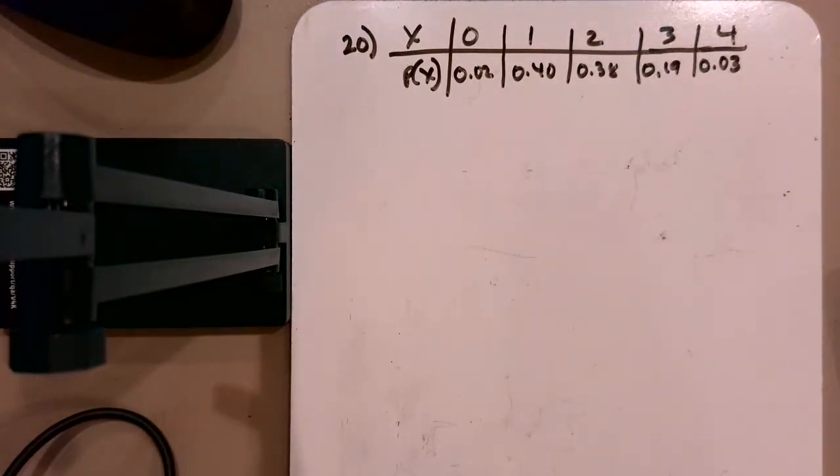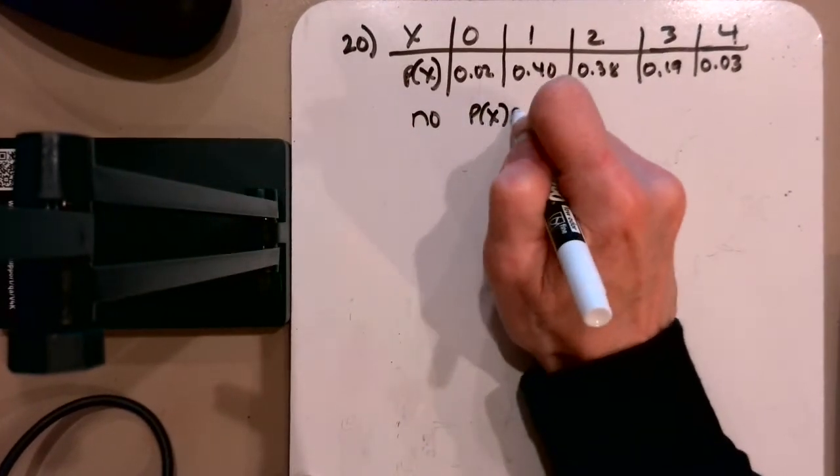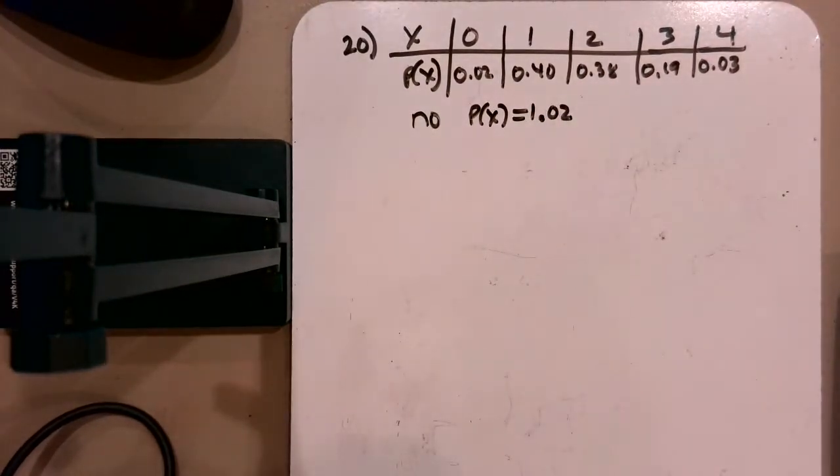And so the correct answer is it is not a probability distribution, because if you add these up, these probabilities add up to 1.02, and the sum should be exactly 1. So that's the correct answer.